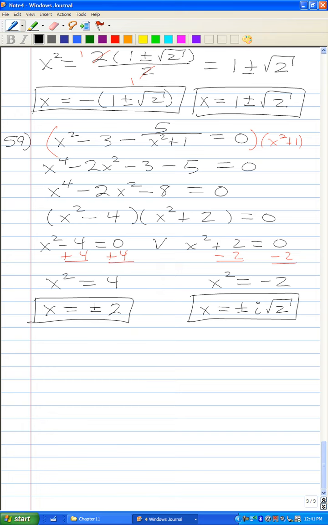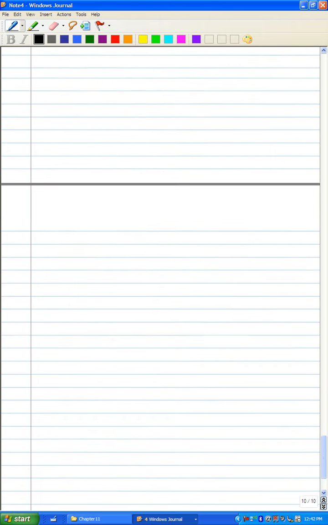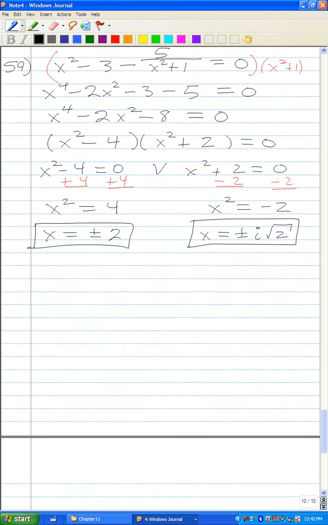Let me do problem number 64. Find 2 consecutive positive odd integers whose sum of squares is 130.